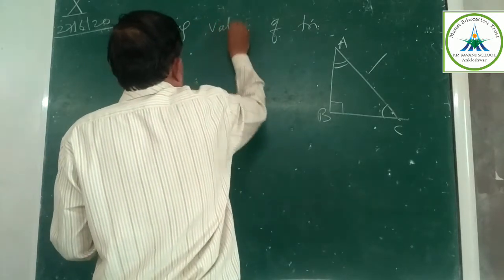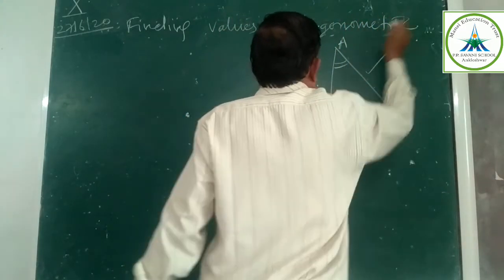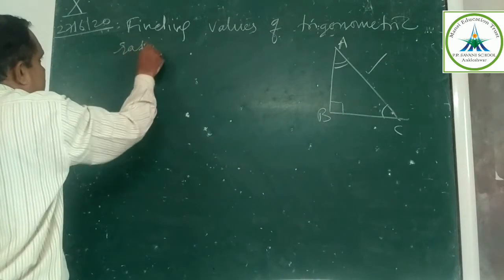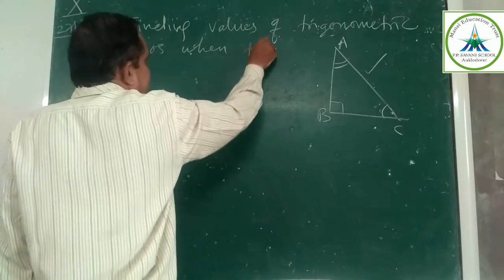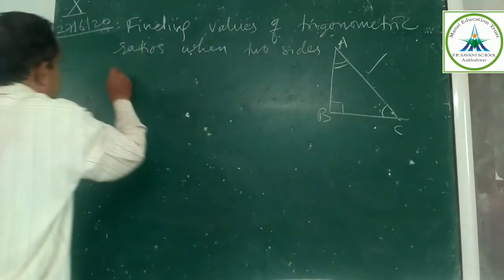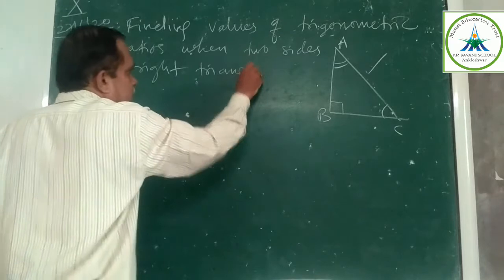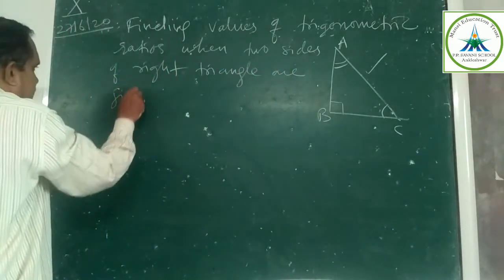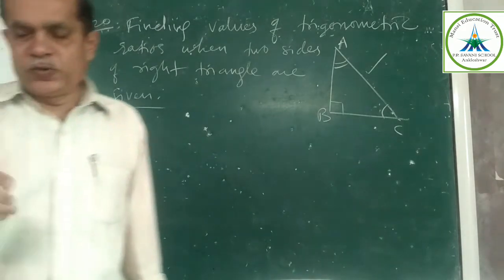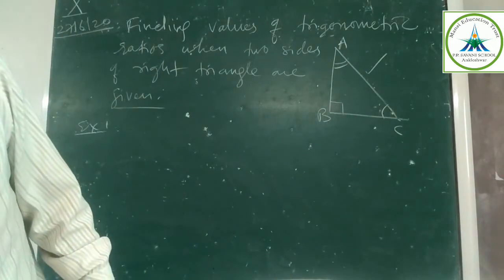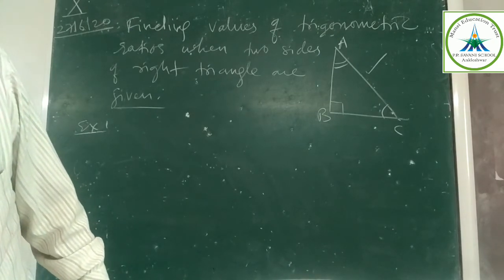Find values of trigonometric ratios when 2 sides of a right triangle are given. Sure. So we just practice an example. Okay. Yes, students, please take the first example. All of you. All are taking the first example.